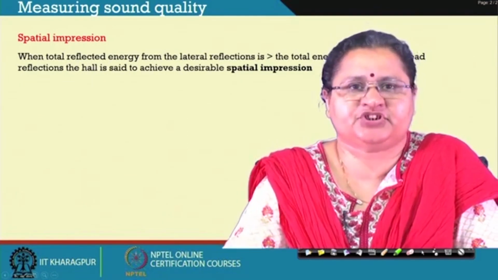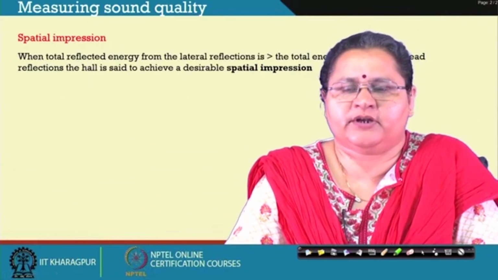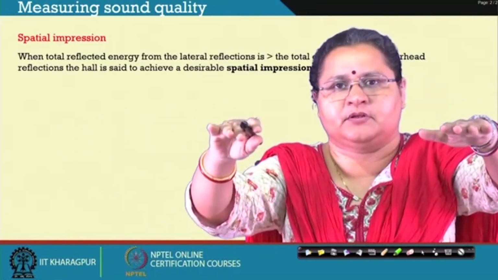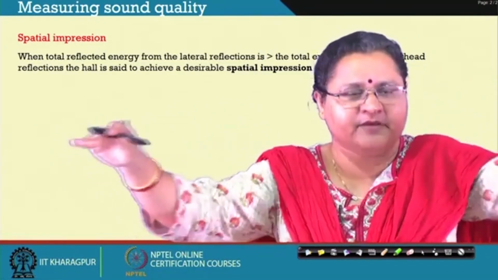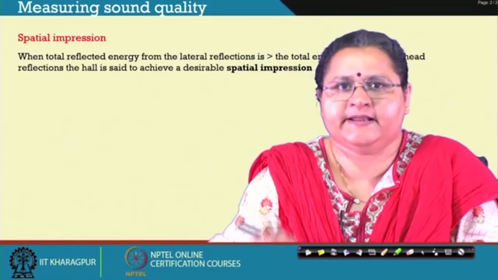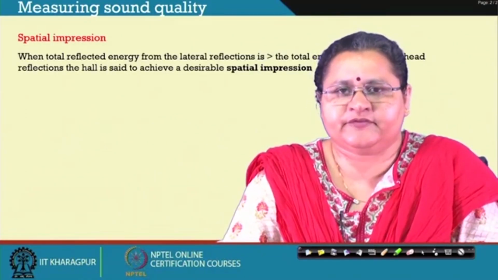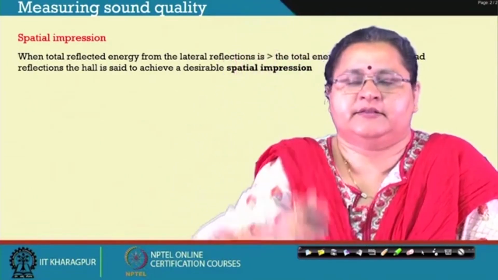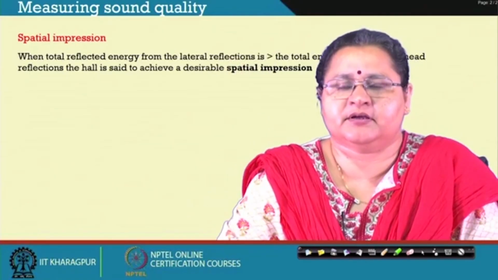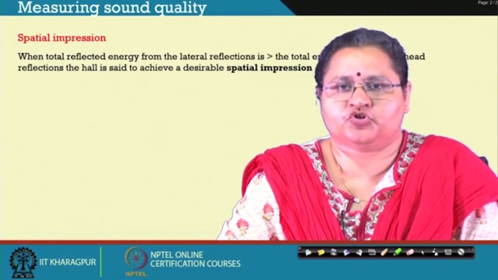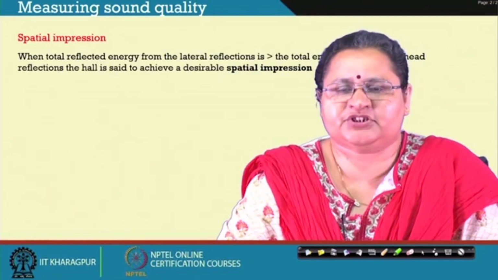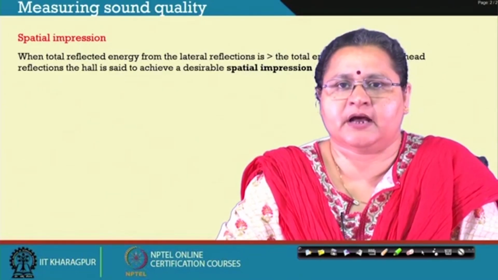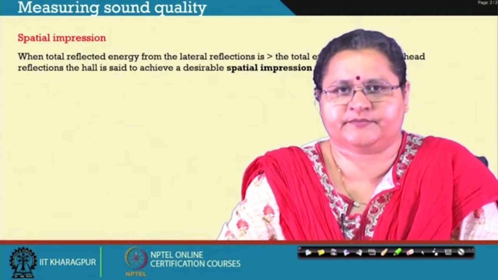When the total reflected sound from the lateral reflection, that is the energy coming from the side walls, from the early reflections, is more than what is coming from the ceiling, then we say the hall has a spatial impression. So, to achieve a desirable spatial impression, you have to have more lateral reflections rather than more ceiling reflections.